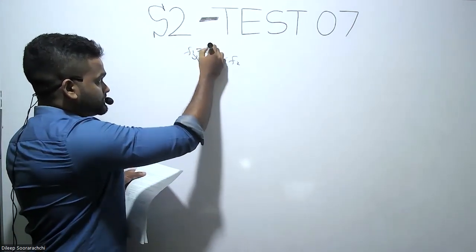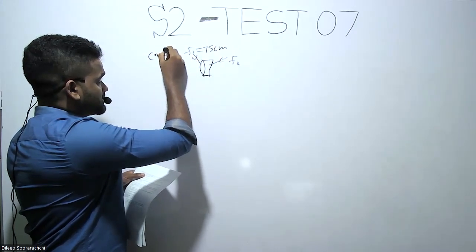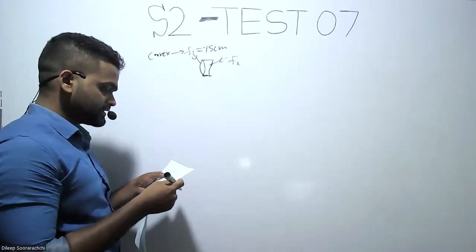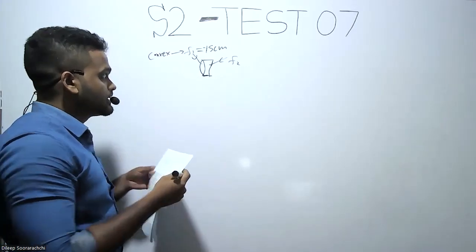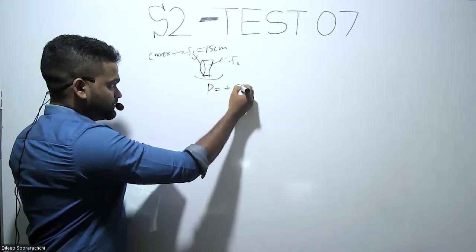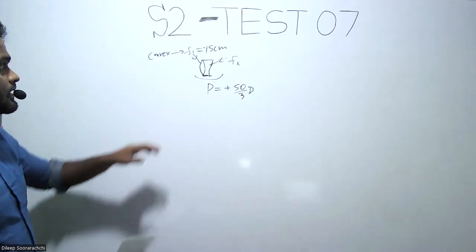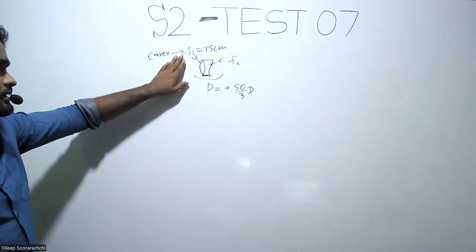One lens is 15 centimeters, and they say that it is a convex lens, 15 centimeters, and the power of the compound is given as plus 50/3 diopters. For the convex lens, I'll just find the power.